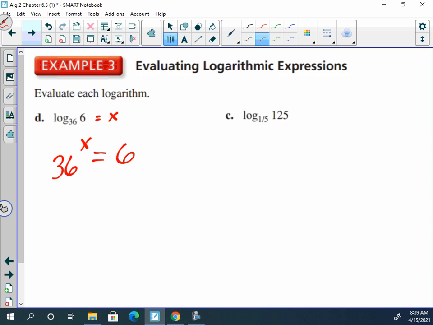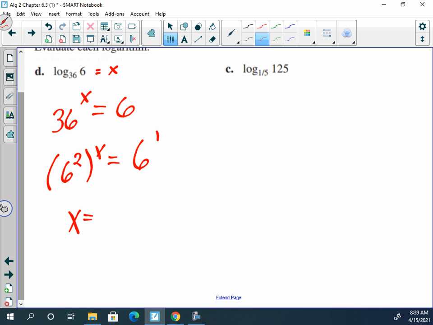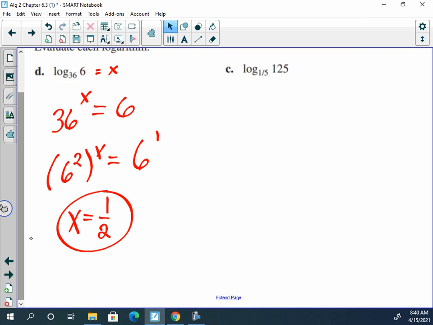Well, 36 is 6 squared, yes? If I want to get 6 to the first, what times 2 would give me 1? So as we found on the calculator, x is 1/2.